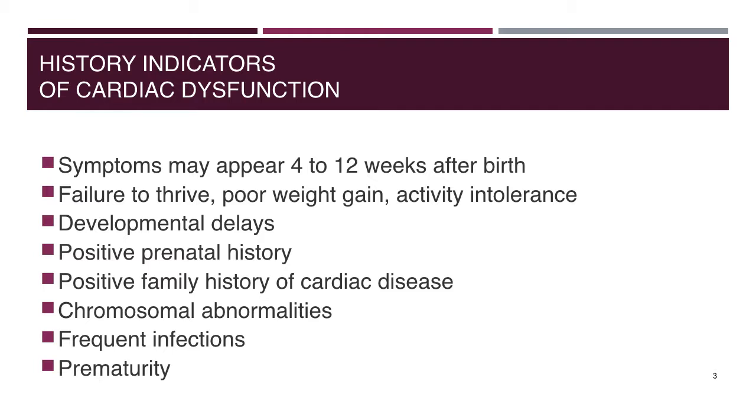When we look in the pregnancy history, we may see a positive factor for cardiac defects on an ultrasound during the prenatal period. We may see that there's a family history of cardiac disease. Whenever there's a family history of cardiac defects, we often will see it repeat generation after generation.